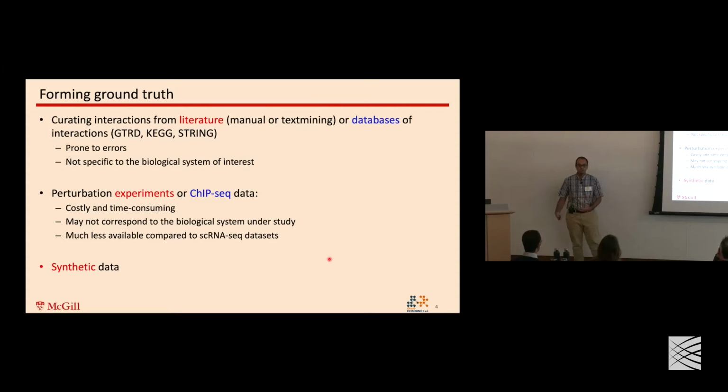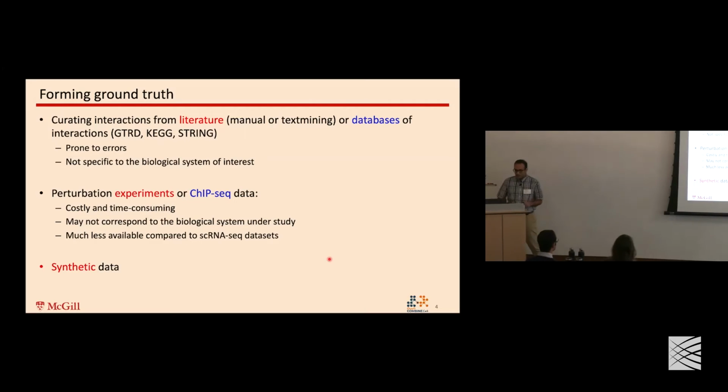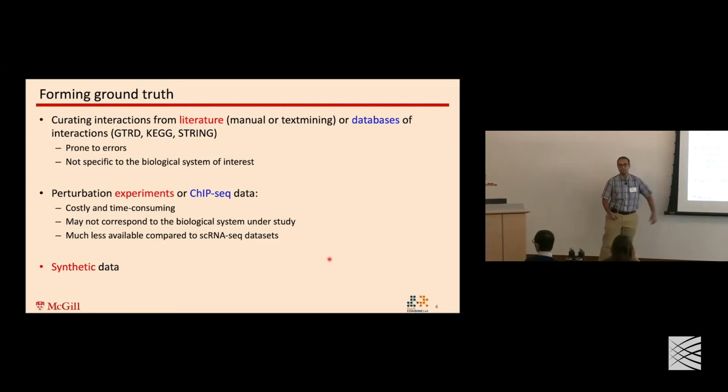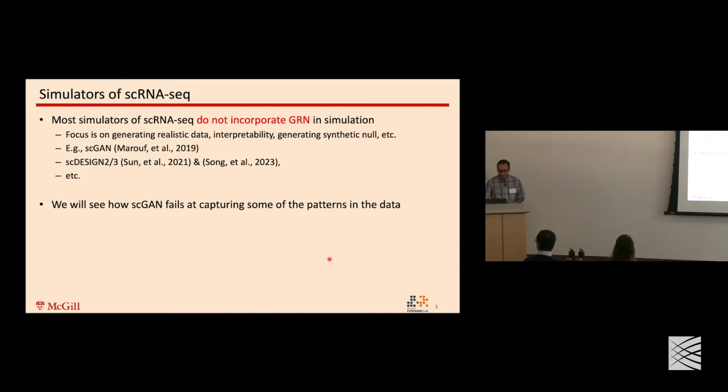And if the quality of the simulation has nothing to do with the real biology, well, your insights may also not have anything to do with real biology. So it becomes quite important that when we talk about synthetic data, we have high quality simulators that enable us to satisfy the constraints that we have.